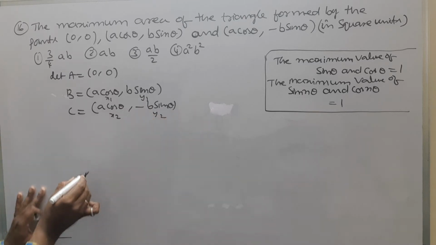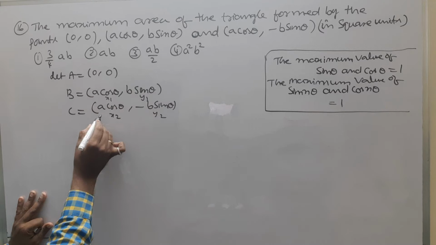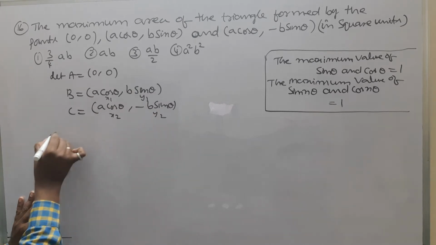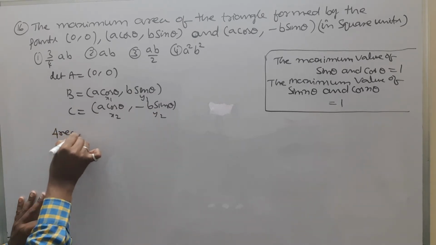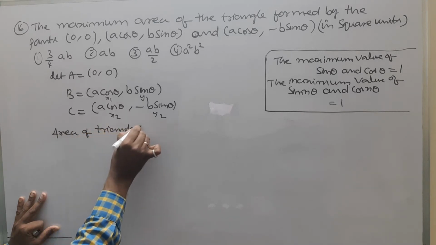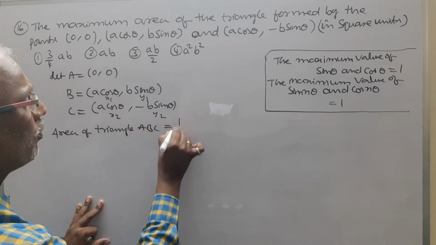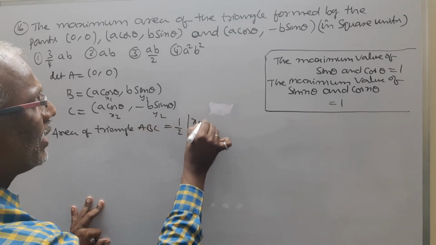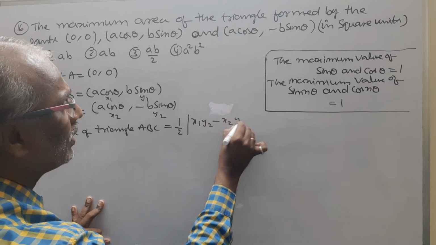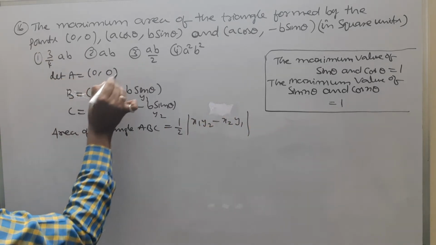If one vertex of the triangle is (0, 0), the area of triangle ABC is equal to half mod of (x1 y2 minus x2 y1). This formula is used if one vertex is 0.